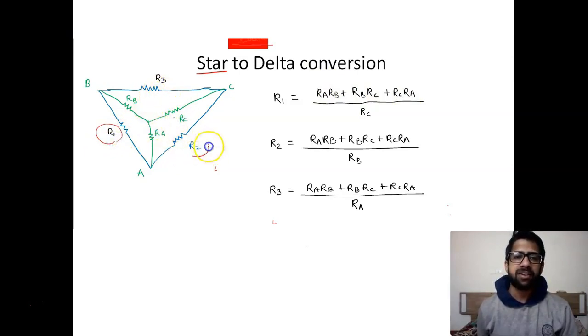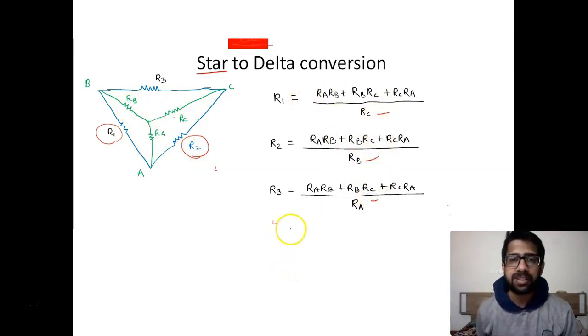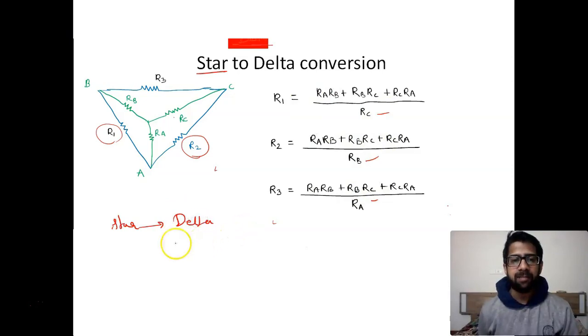Similarly, let us find R2. The numerator will be the same, RARB, RARC and RBRC, divided by RB. This is how you can find them. Now here we are converting from star to delta. There are 4 letters here and 5 letters, so resistance is going to increase.